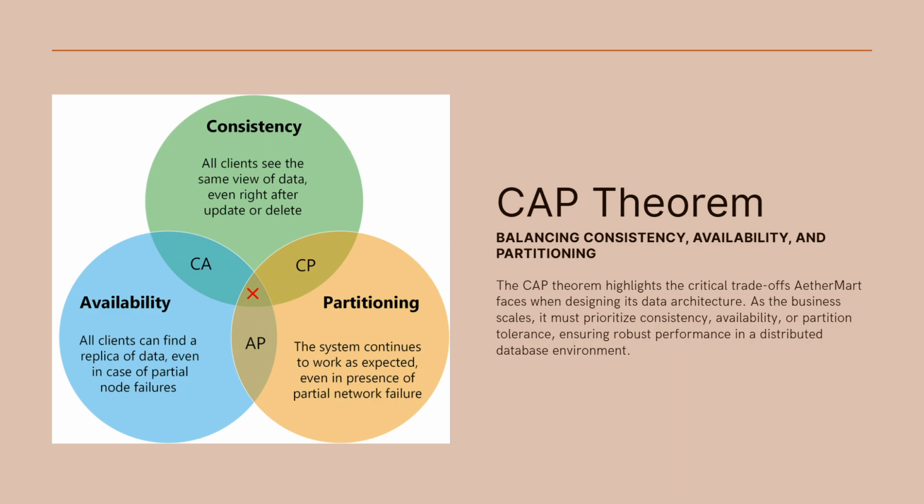Availability means the system always responds even if with slightly outdated data. The third one, partition tolerance, means the system keeps working even if servers are split by network issues, right? And we can only guarantee two out of these three. We cannot have all three at once in our database. So we'll have to make some kind of trade-offs.